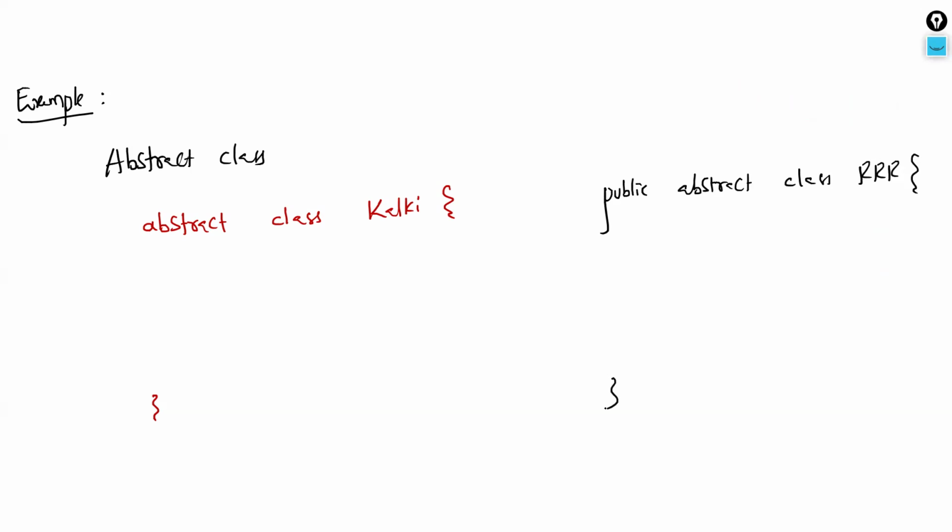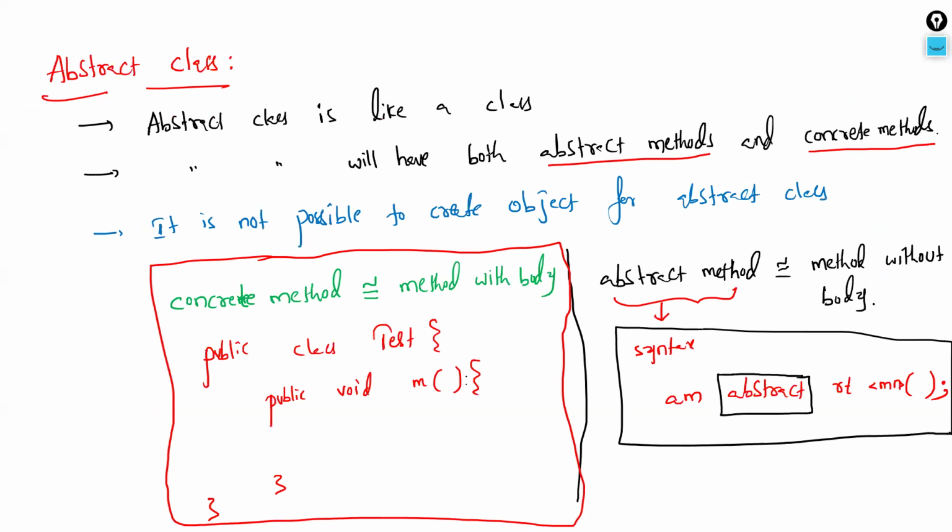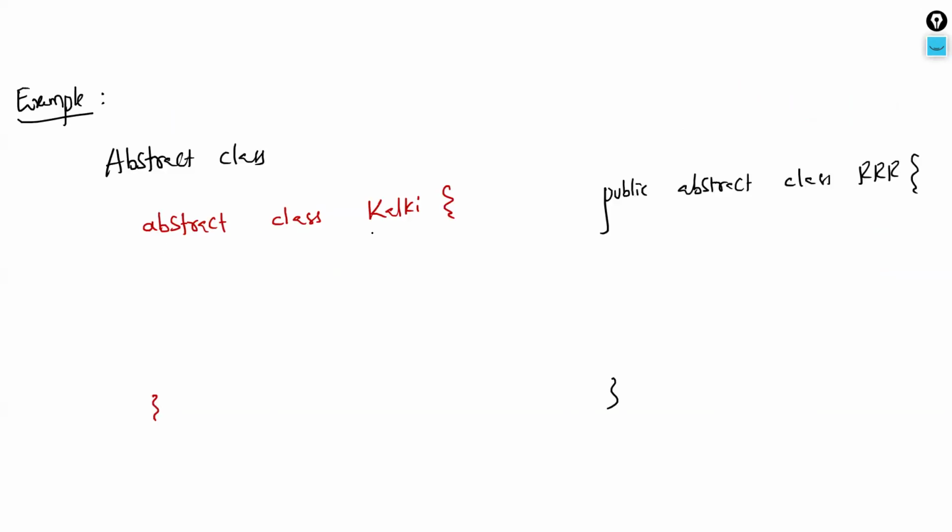Then what can an abstract class have? An abstract class will have both abstract methods and also concrete methods. In this abstract class, we can have a concrete method. What's the meaning of that? public void m1 parentheses, then the body. It's a concrete method. Then what is an abstract method?